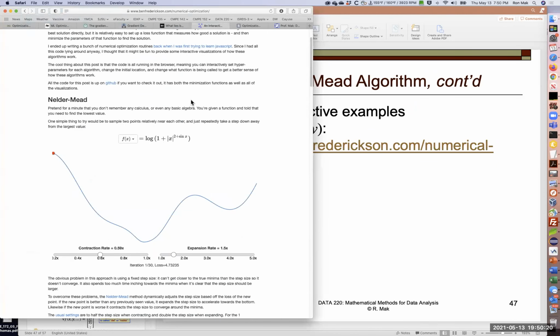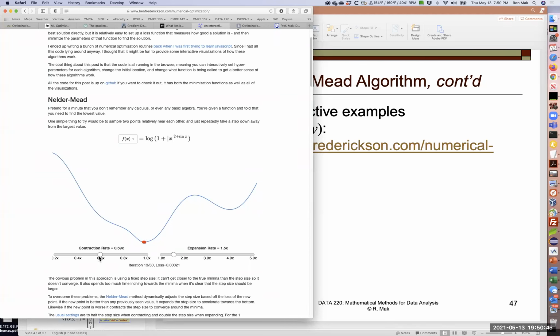So here is a function, and here you can actually set the expansion rate. As long as you're going in the right direction, you can increase the learning rate. And then when you find out you've overshot and you have to go back the other way, you can contract.